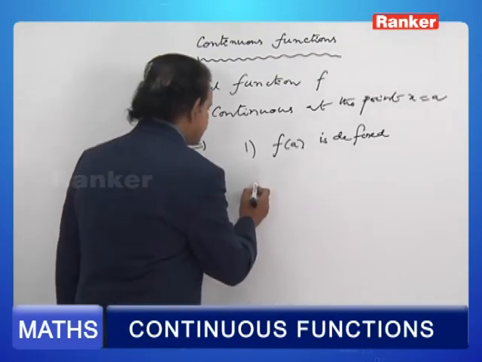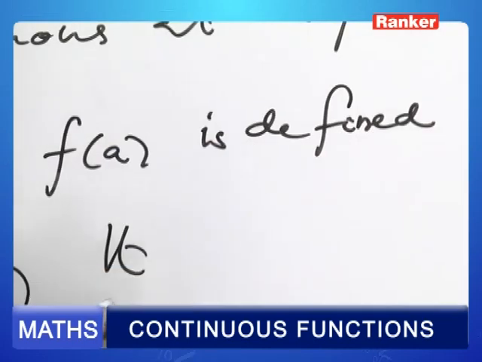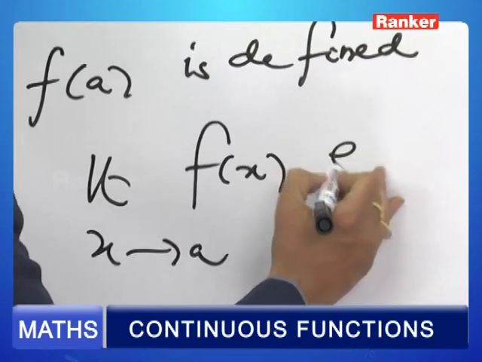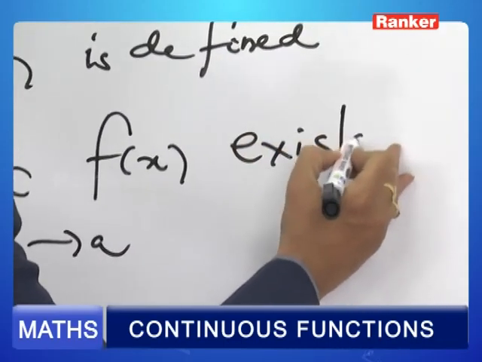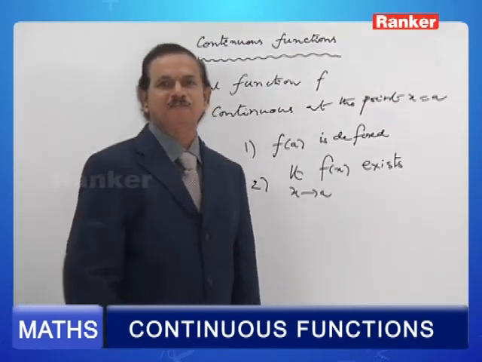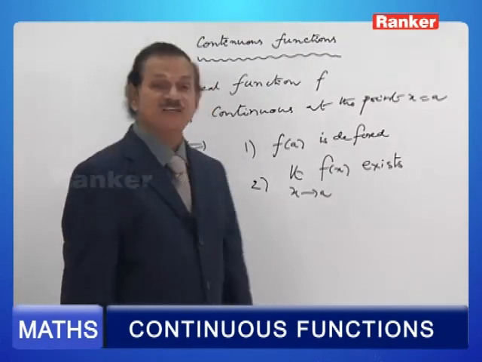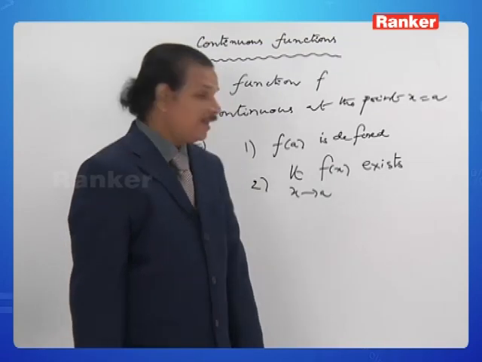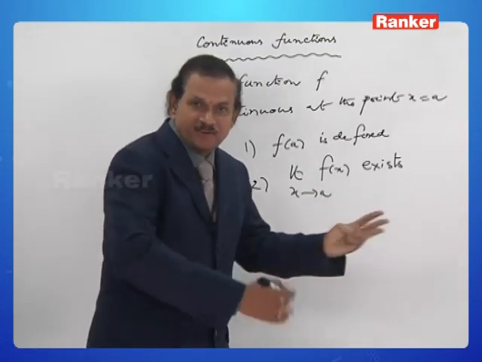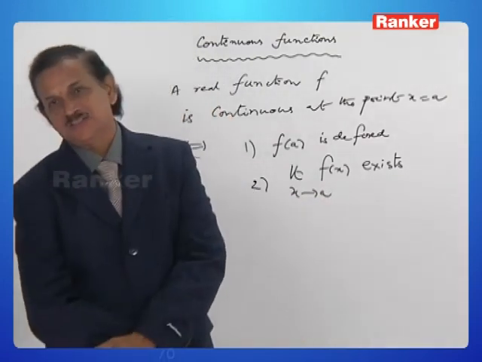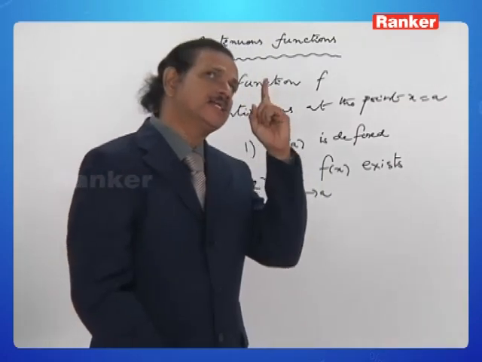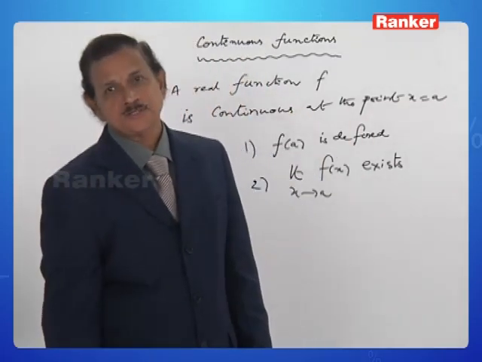Well, second condition. Limit as x tends to a of f of x exists. The limit of f of x as x tends to a must exist. Why has this step come into the picture? While going through the definition of continuity itself, we could have recollected the definition of limit of a function.